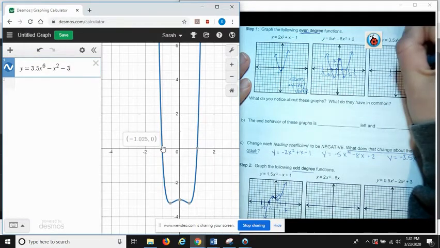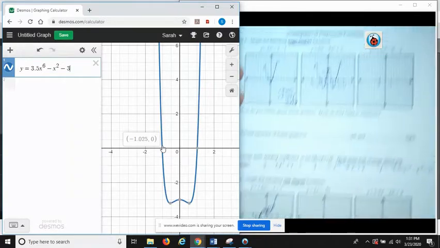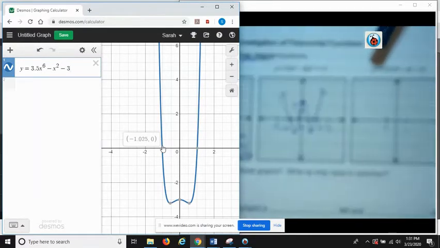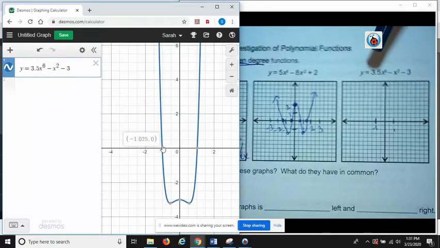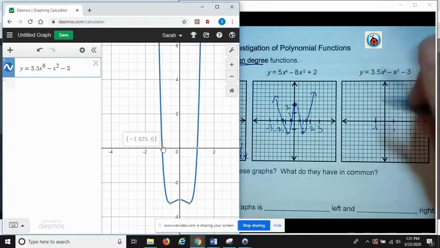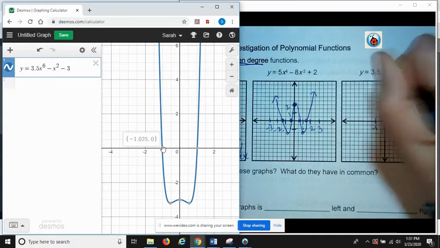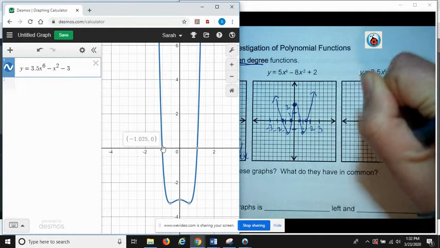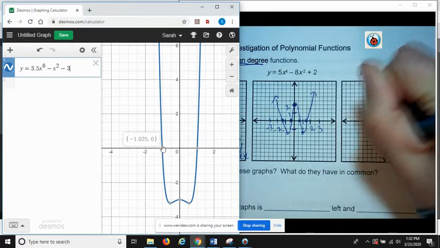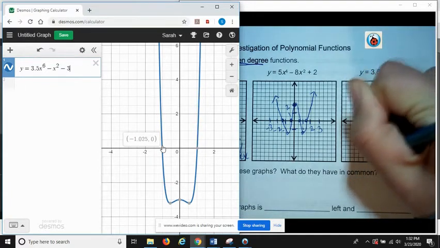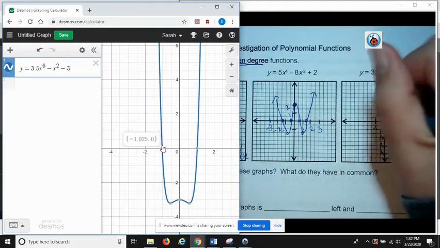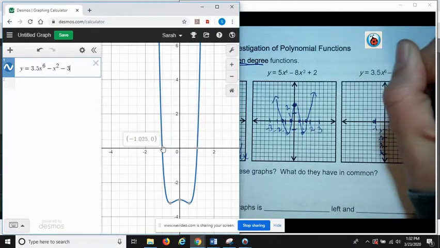This is going to be -1, +1. Let me zoom in so you guys can see these graphs. Sorry, guys. Okay, give it a minute. And then I'm going to go down to 4, -4. So 1, 2, 3, 4. Down here, -1, -2, -3, -4. Okay, so this one is going to be right here, and we're going to have one right there.